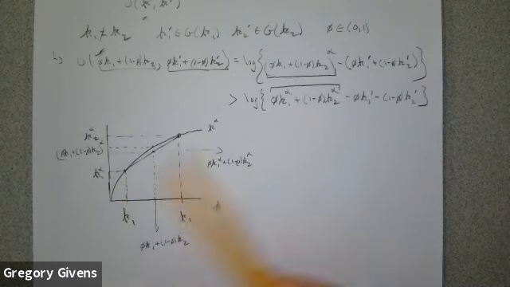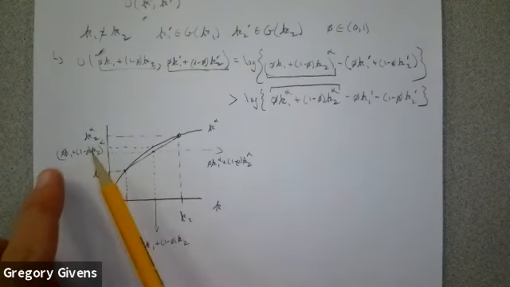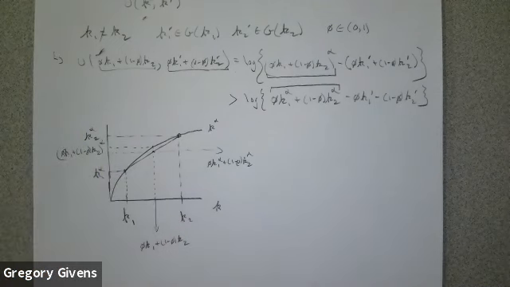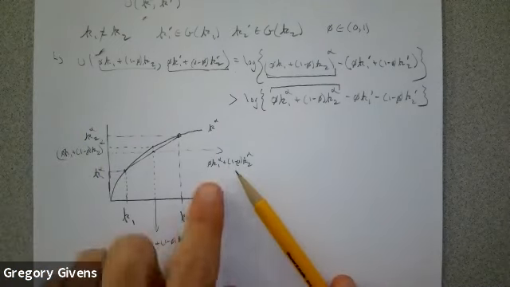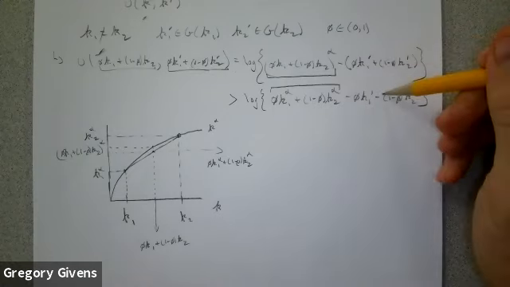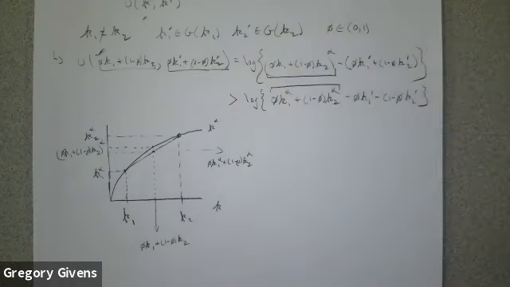So because k to the alpha is concave, phi k1 plus 1 minus phi k2 quantity to the alpha has to be bigger than the combination of those two, phi k1 to the alpha plus 1 minus phi k2 to the alpha. So this is going to be bigger than this, basically because the production function is strictly concave.